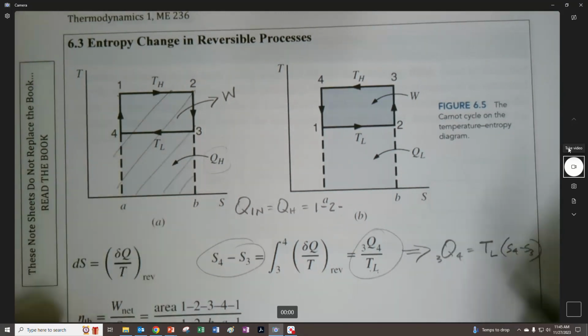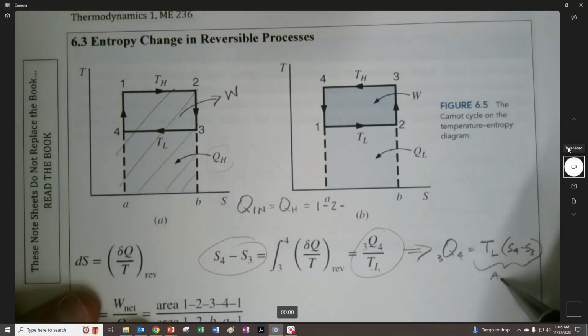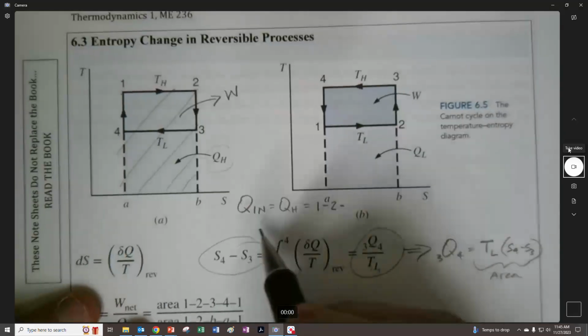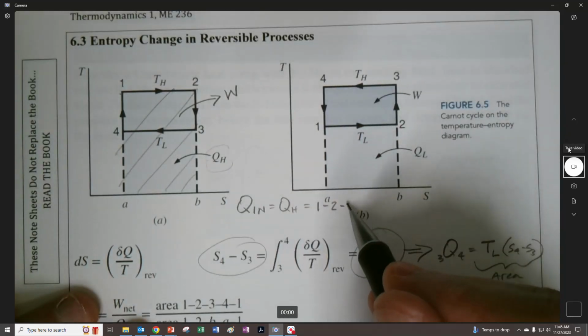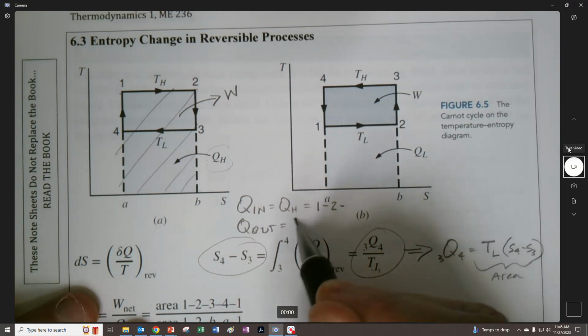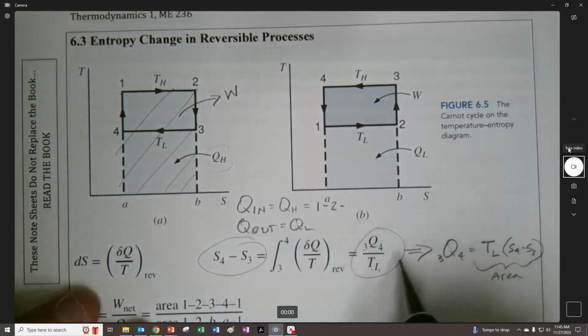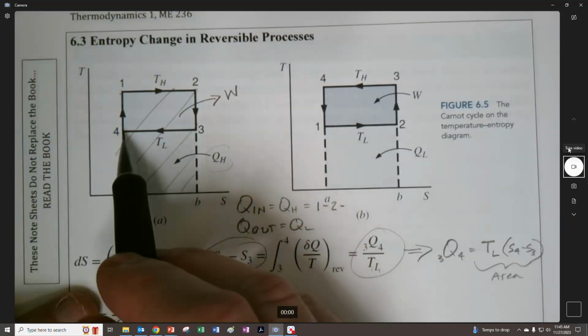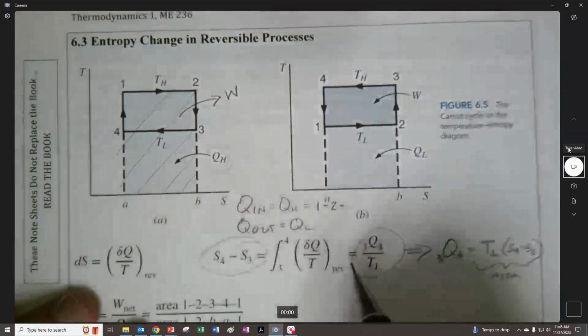And that's the area right here, the area under the curve. I should have finished this thought right here, let's come back to it. So the Q out is the QL right here, and that's going to be 3 to 4. Did I write it that way? Yeah.